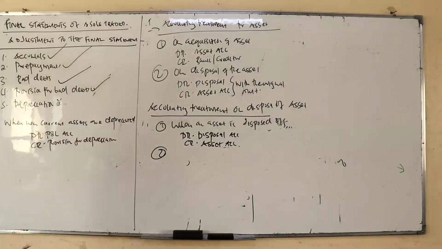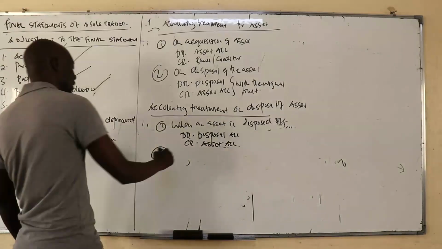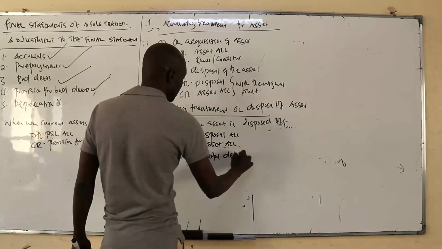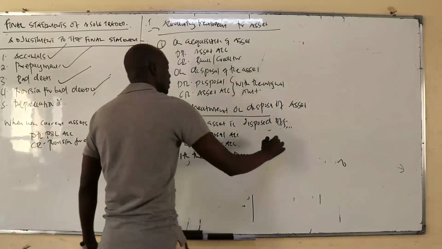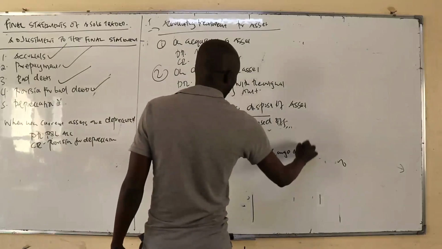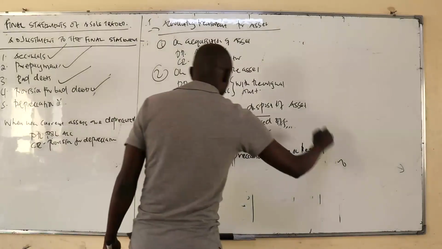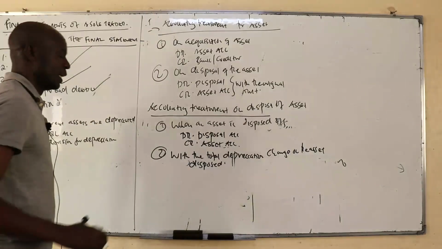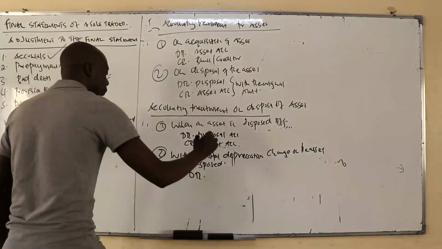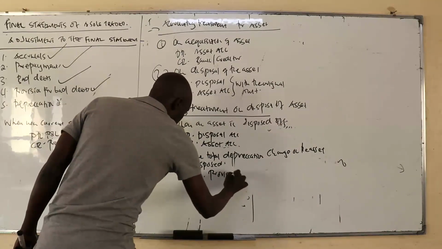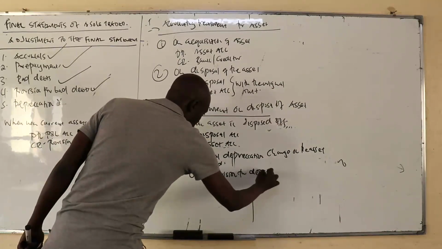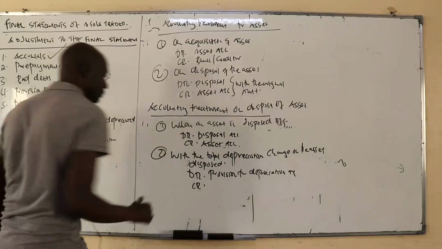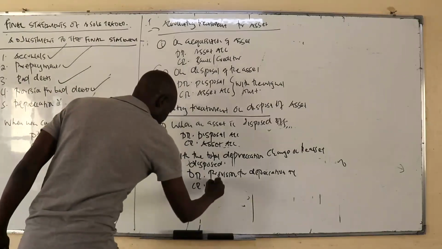So with the total depreciation charge on the asset disposed, you debit provision for depreciation account and you credit disposal account.